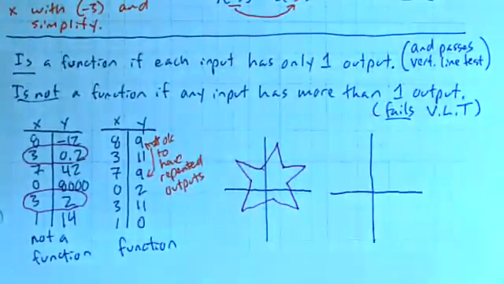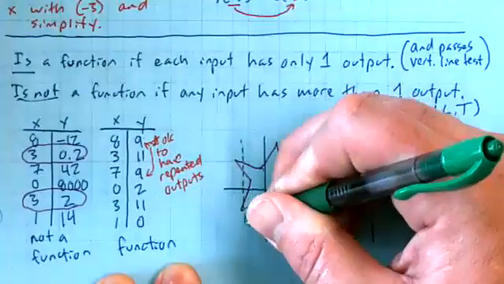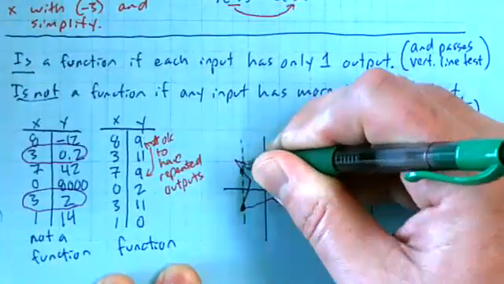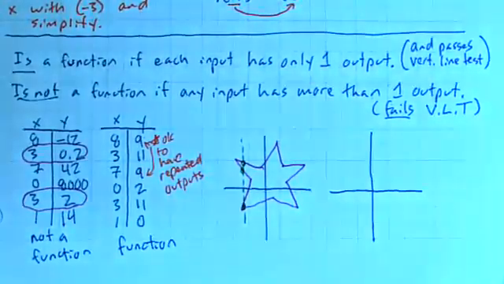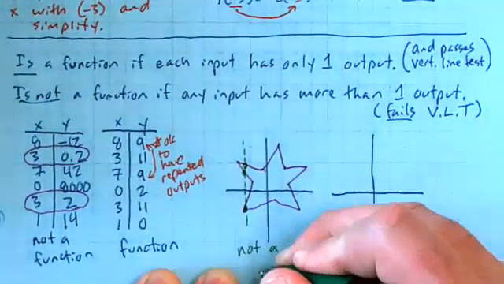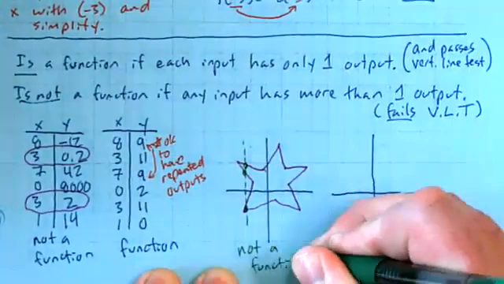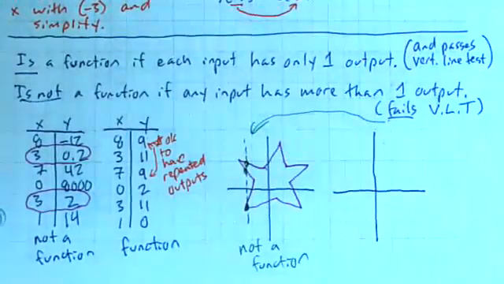If I drew a vertical line, I could draw a vertical line that's going to cross in more than one place. Is that a function? Not a function, because it fails the vertical line test. And I'm going to draw a little arrow here to my fails the vertical line test. And then I'll come up with a graph that is a function.